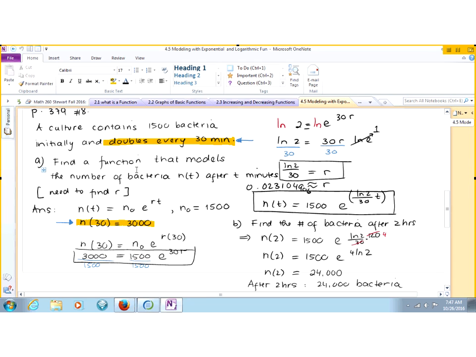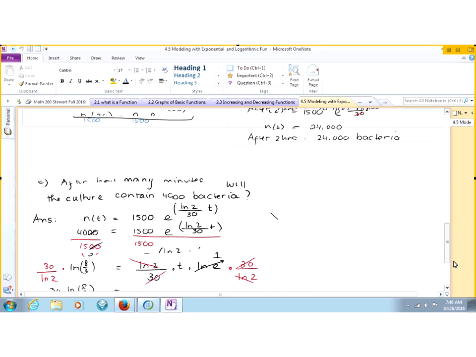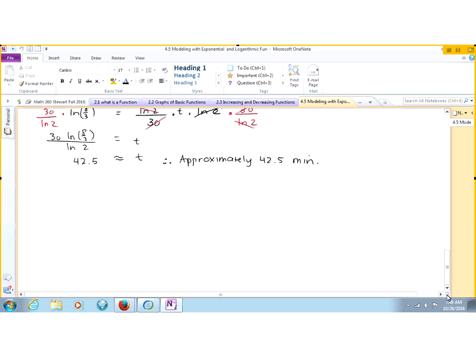On your exam, I will of course have something like this. The most important thing is to be able to translate what it means to double every 30 minutes. So this is the translation. All right. Now it's the next one.